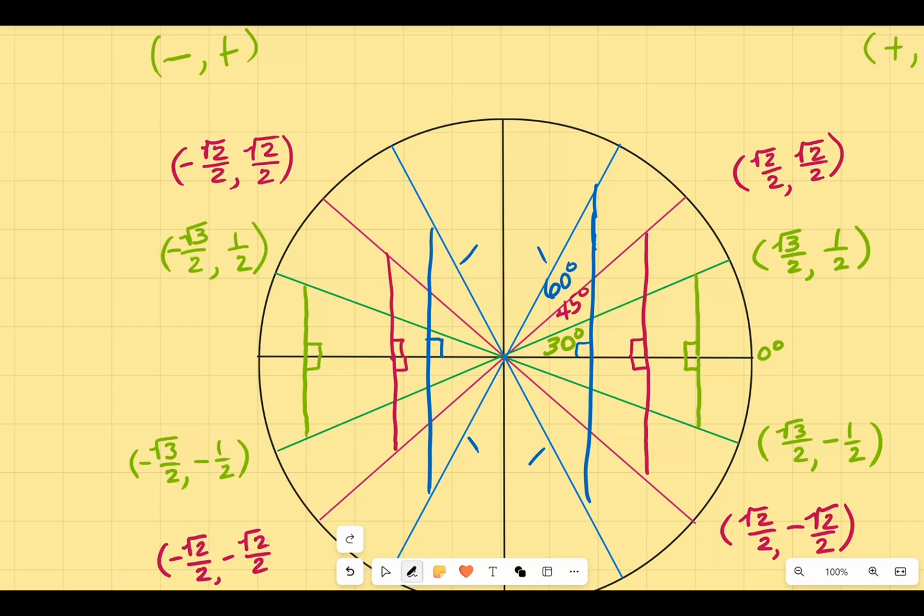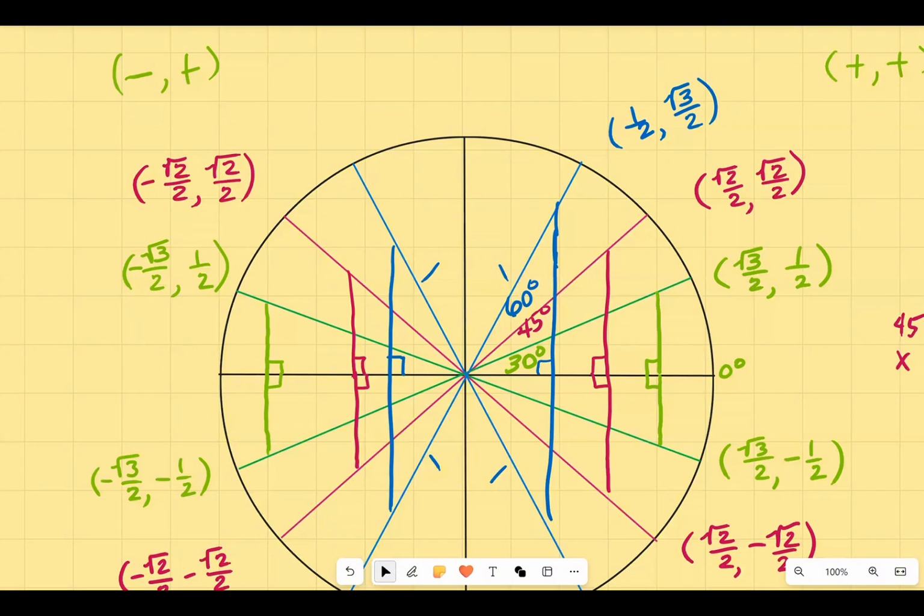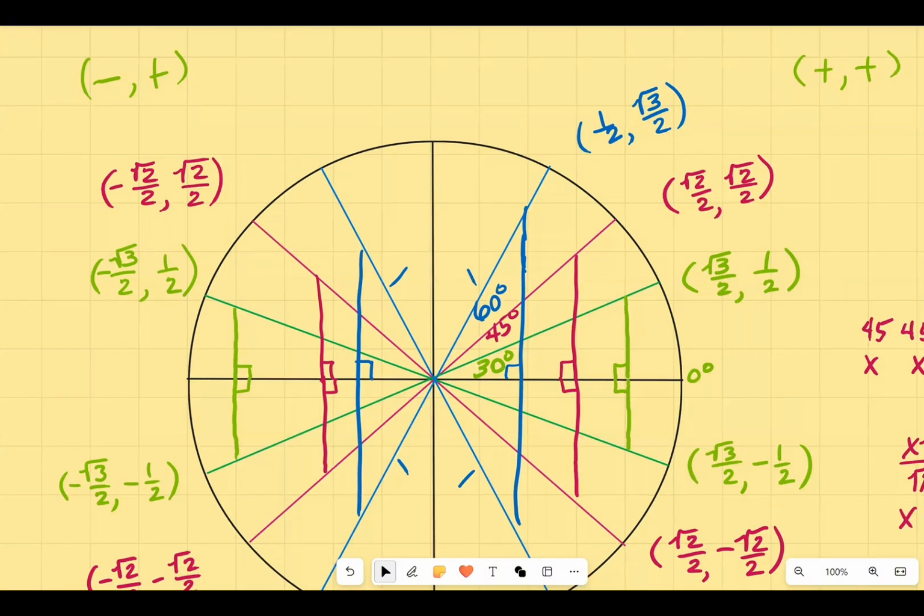So these coordinates are going to be 1 over 2 and root 3 over 2. Notice again, it's positive, positive. I could have also used my rules. I could have used that 30, 60, 90 rule that I showed you before. So that's this one side.